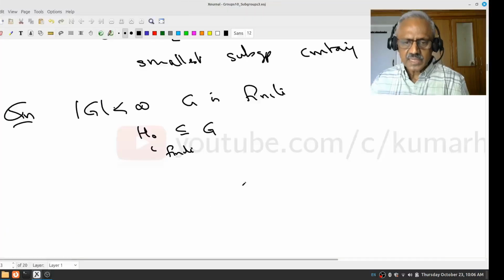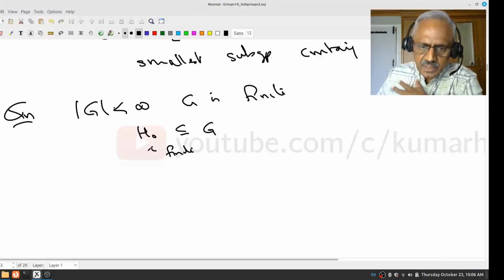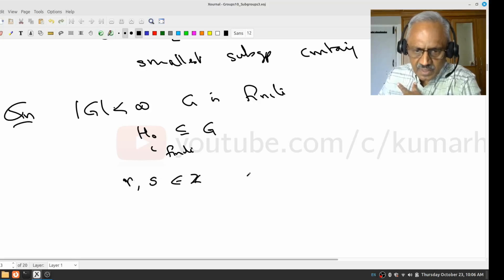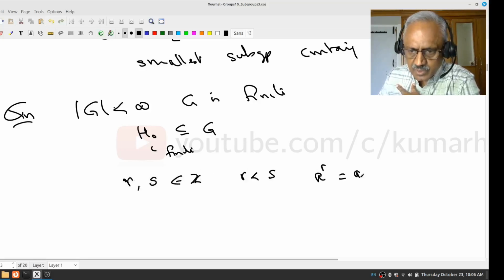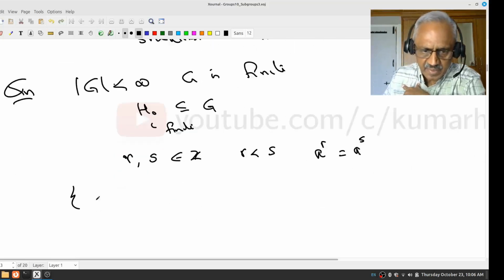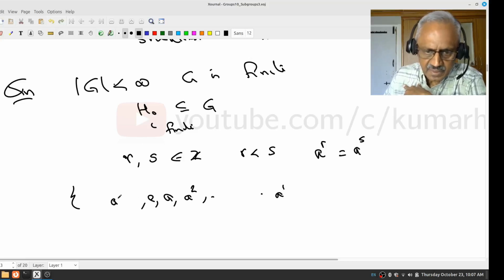The answer is, if G is finite, then H naught is finite, which means there exist integers R and S, let us assume R is less than S, so that a to the power R must be equal to a to the power S, because all of them cannot be distinct: identity, a, a squared, a to the power something, and here a inverse, a to the power minus 2, and so on.